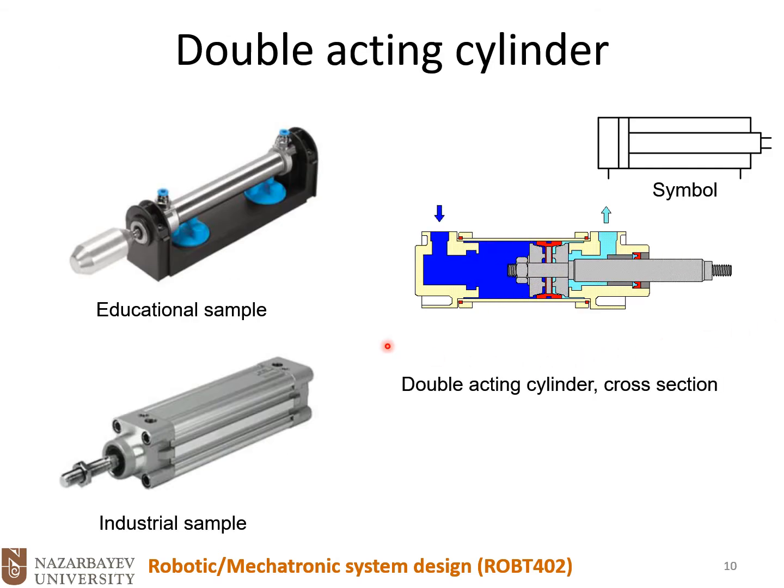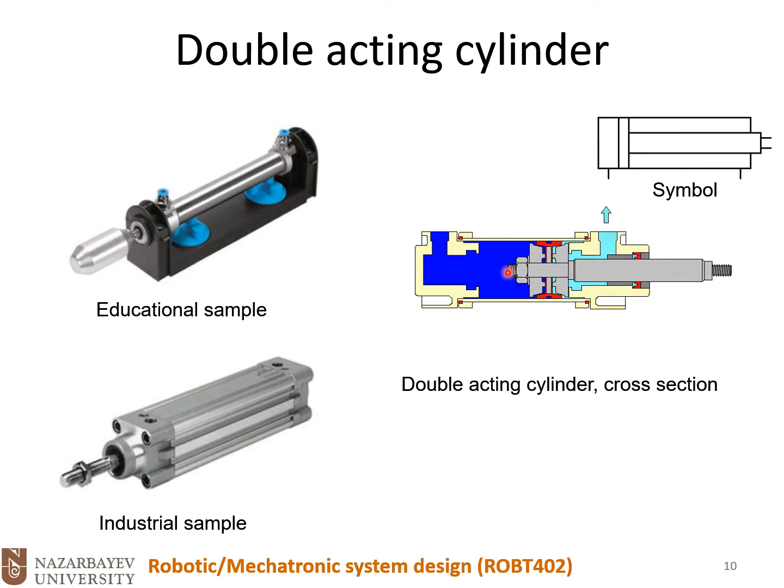Okay, so let's move on to the double acting cylinder. Very similar mechanism. We have a cylinder, we have a piston, and a rod is attached to the piston. We have two chambers, on the left side and on the right side. But we have two ports, so we could pressurize and depressurize each chamber.